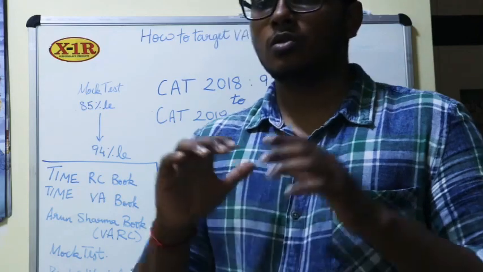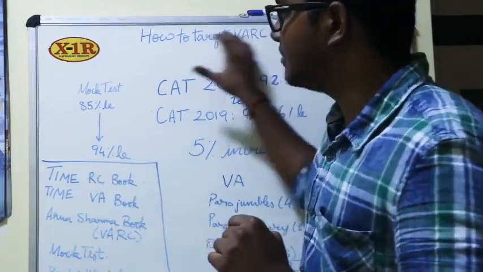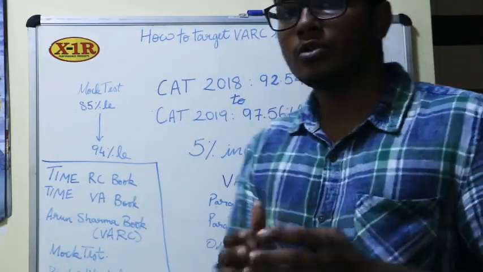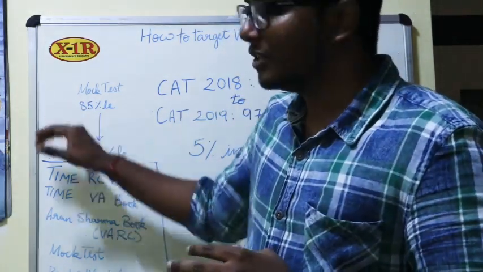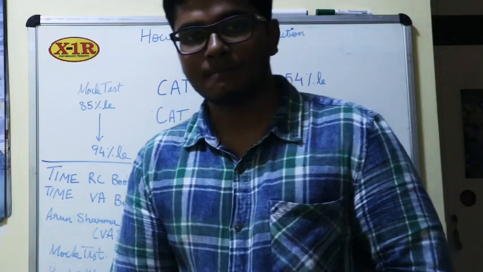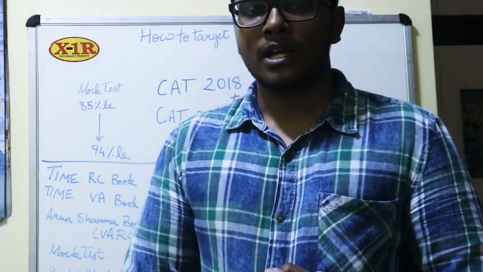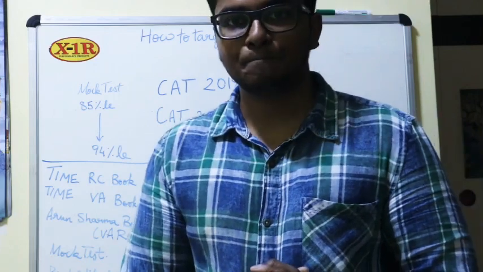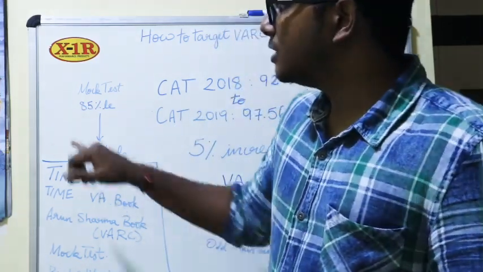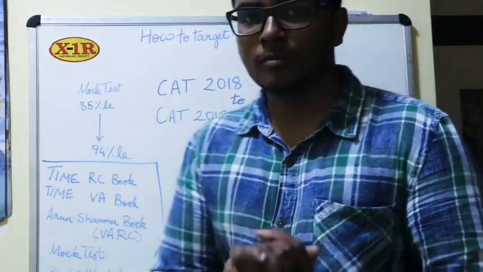So now that I've explained everything to you, let me tell you where I was when I was giving mock tests. The first mock test I gave, I got 85 percentile in English, and this was sometime in June 2019. Towards the end I started touching 94 percentile.